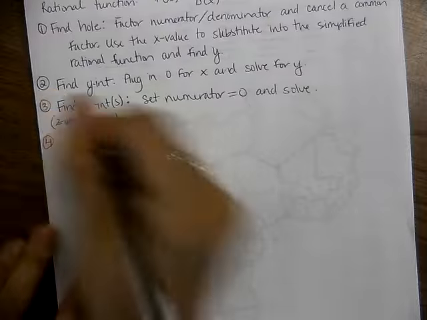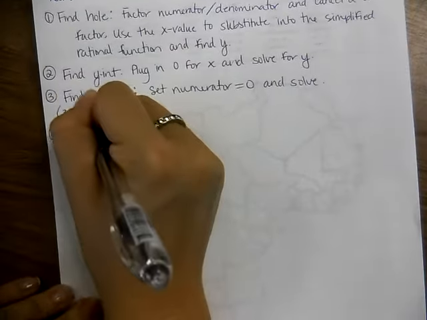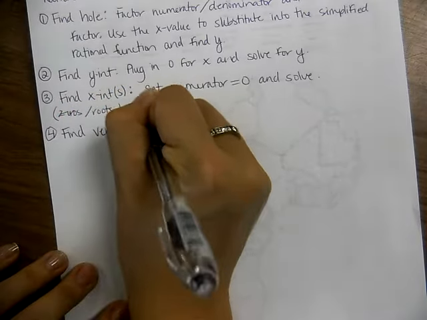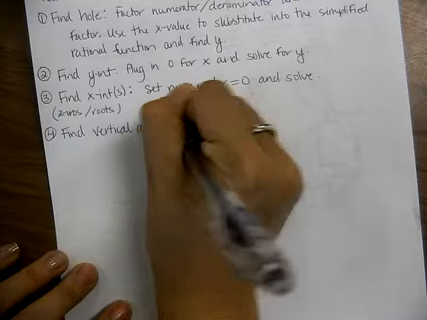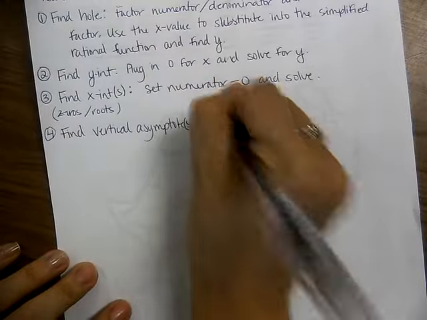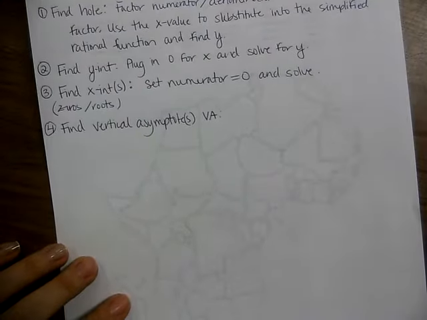Step 4 is to find vertical asymptotes. And we're going to just refer to this as VA because it's way faster to write. Okay, so VA is going to stand for vertical asymptotes.